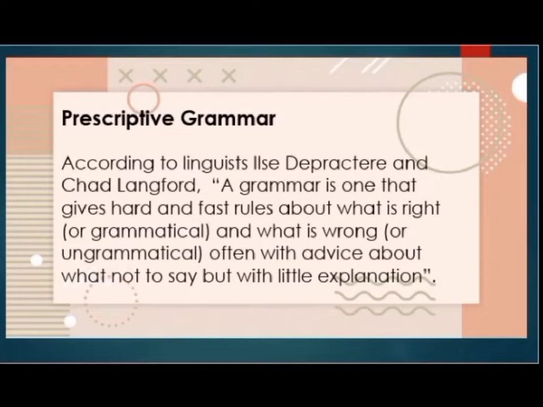According to linguists Alcir de Procter and Chad Langford, a prescriptive grammar is one that gives hard and fast rules about what is right or grammatical and what is wrong or ungrammatical, often with advice about what not to say but with little explanation. A person who dictates how people should write or speak is called a prescriptivist or a prescriptive grammarian. Later on, we will discuss the prescriptive grammarian.